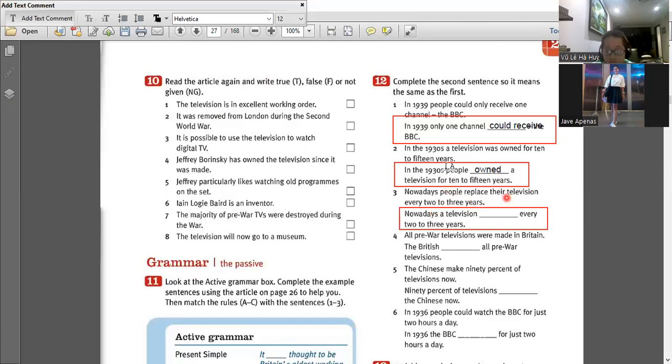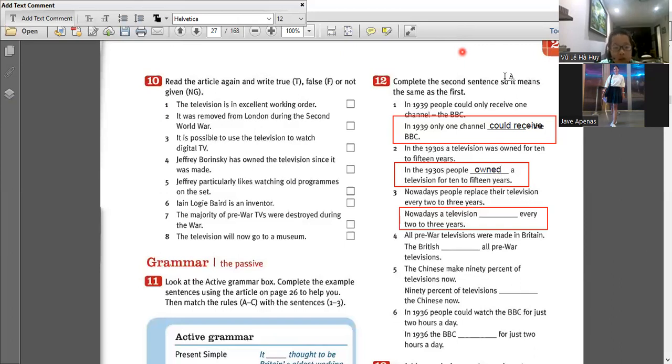Nowadays, people replace their television every 2 to 3 years. Nowadays, a television replaced every 2 or 3 years.